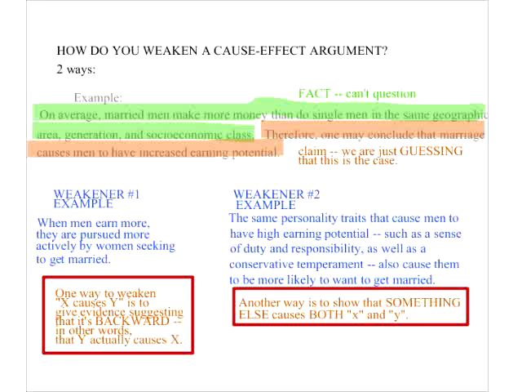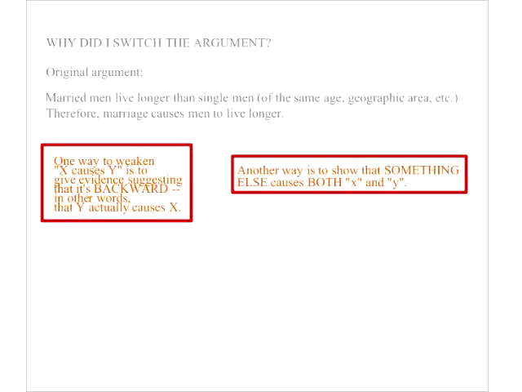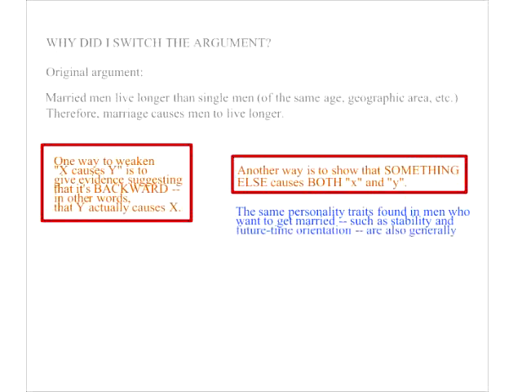You can say the same personality traits found in men who want to get married, such as stability and future time orientation, are also generally found. They also contribute to longevity, to living longer.